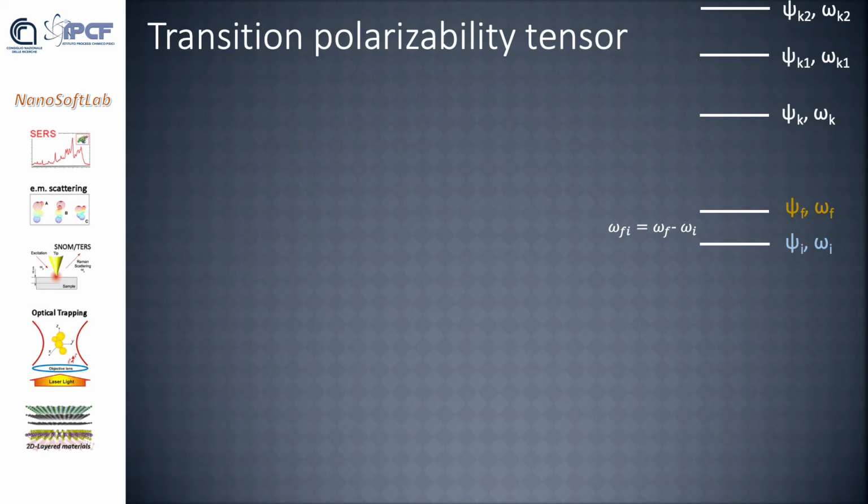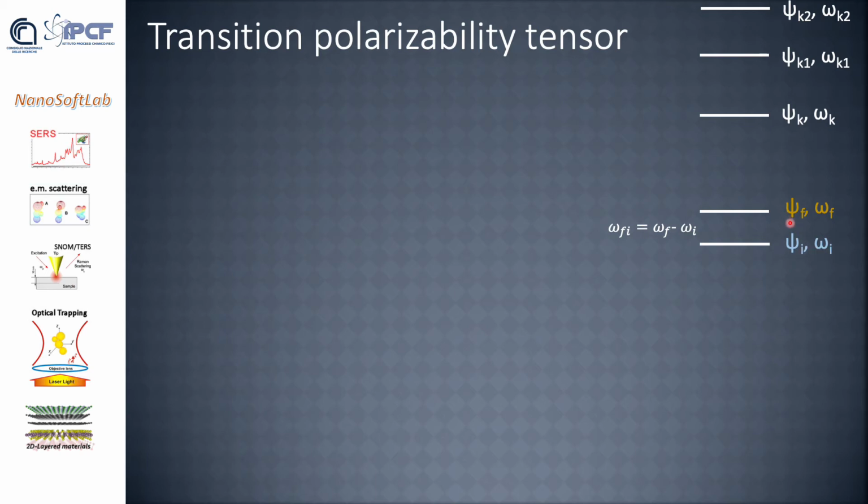As we have seen, in the quantum mechanical treatment of Raman scattering, the molecule is considered as a quantum entity. So it will have several states. The initial state, defined by a wave function psi i and an energy omega i.